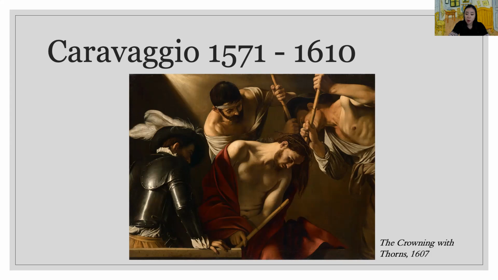He is one of the most famous Baroque artists. Look at the beautiful light and the beautiful skin texture. He is an amazing artist. Beyond the technique, the painting's emotion is also very realistic. So it feels like we are in the middle of the painful moment.